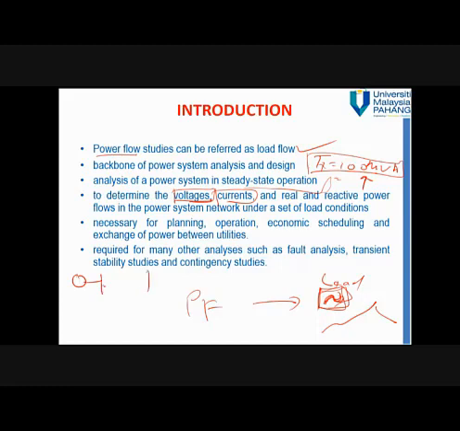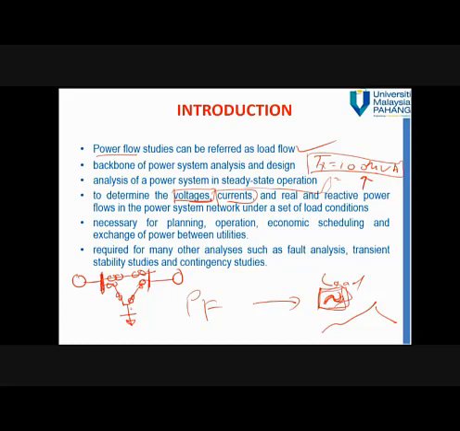This is the load, this is a generator, this is another transmission line, this is a transformer, and then another transformer. Okay, so if we have this network, a 3 bus system like this.